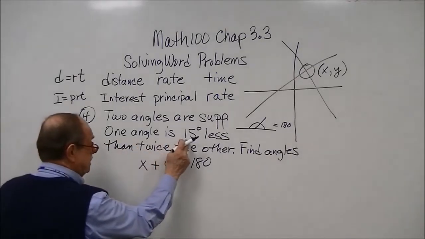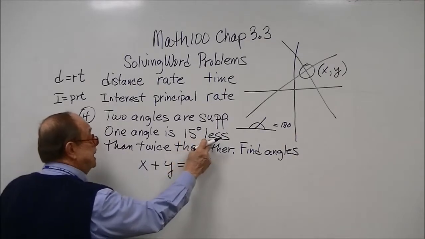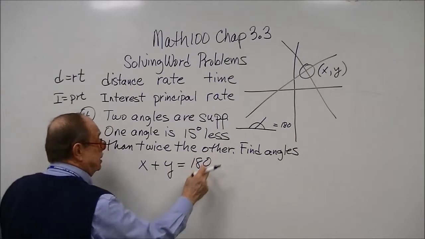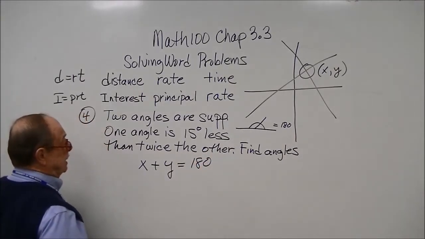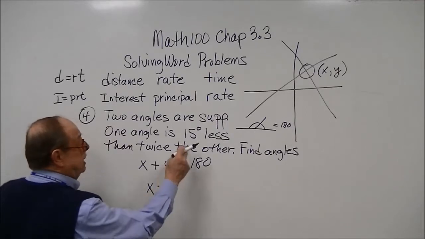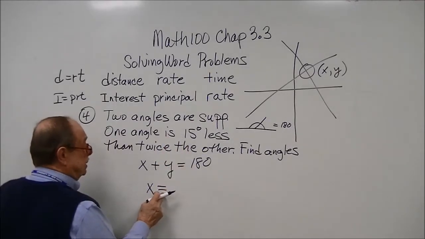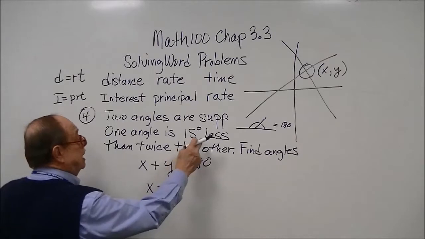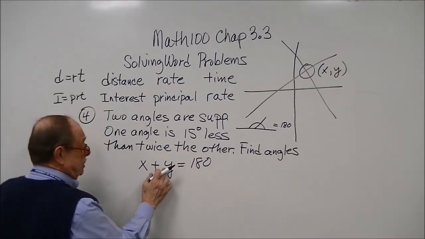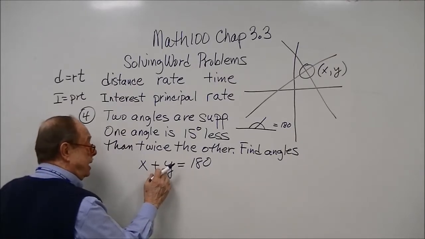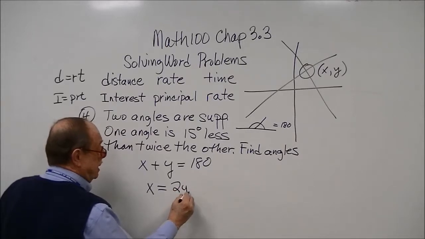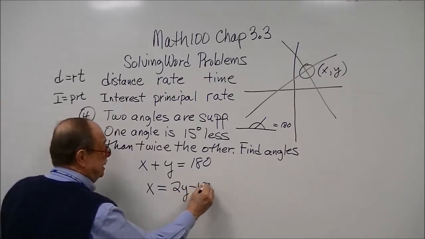One angle is 15 degrees less than twice the other angle. So one angle, x, is just translates into an equal sign, less than twice the other angle. Well, we're saying this is the other angle, so it's going to be twice that, less 15.